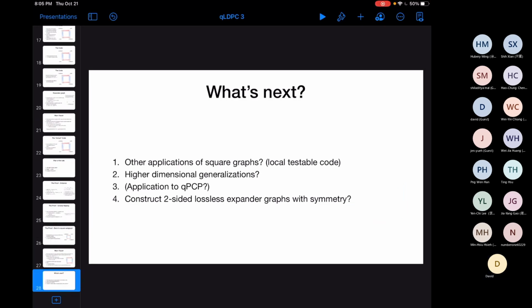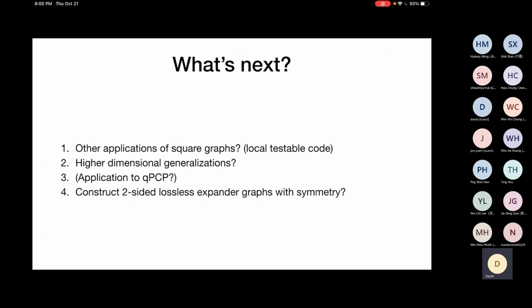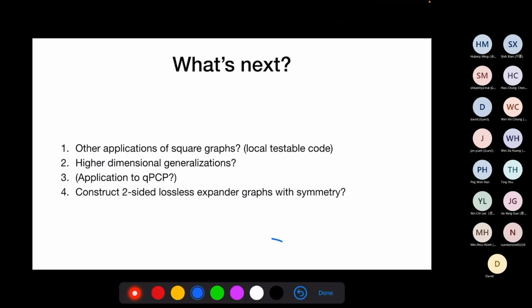Okay, so what's next? One thing is, could there be other applications of the square graph? It turns out that recently in the classical error correcting world, there's a question called locally testable codes.